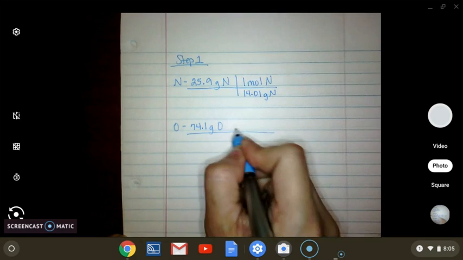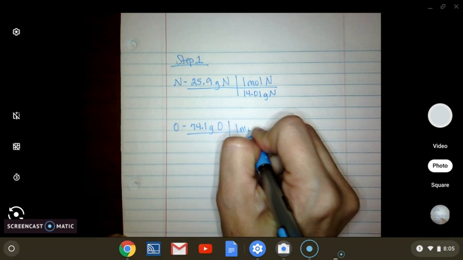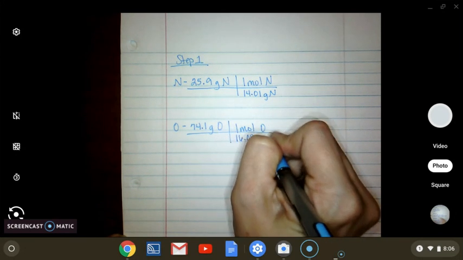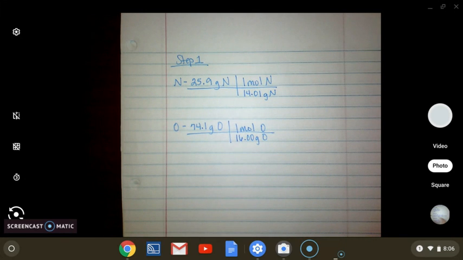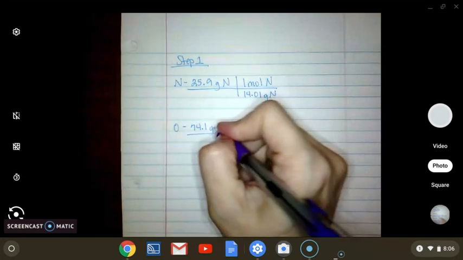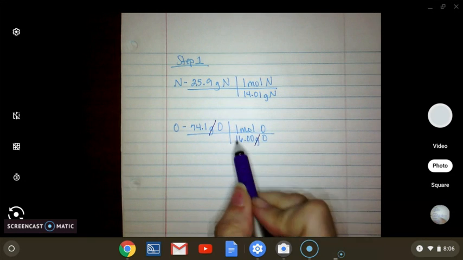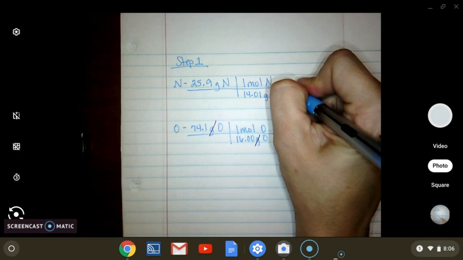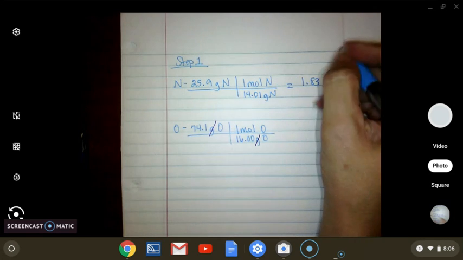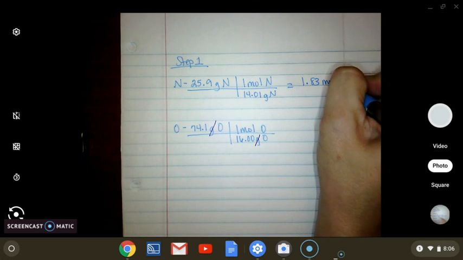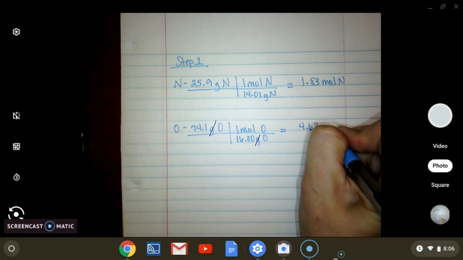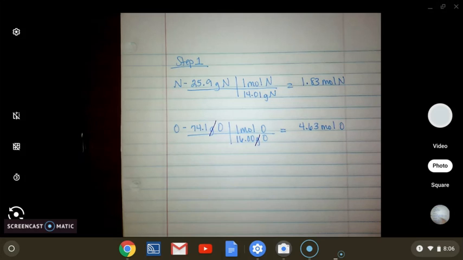And then down here, you have 1 mole oxygen, and it's 16.00 grams. So all you have to do is mark out your grams so that you know your answer is in moles. So whenever you divide, for this one, you get 1.83 moles of nitrogen, and this one you get 4.63 moles of oxygen. So that's step 1.